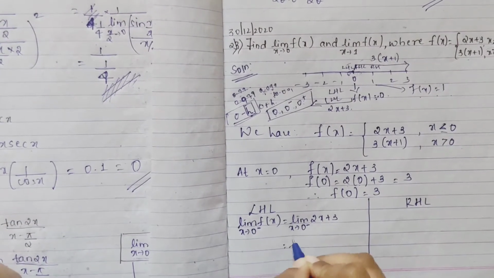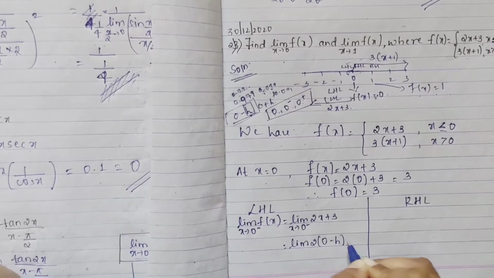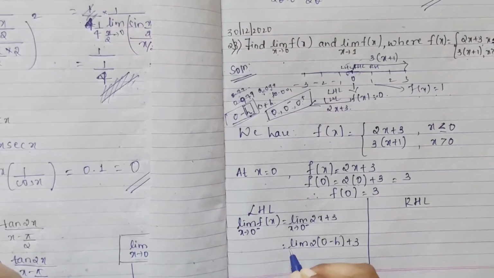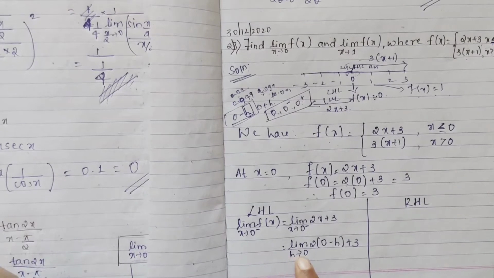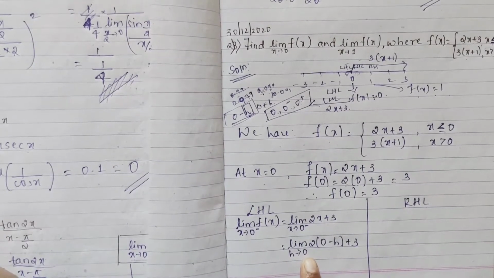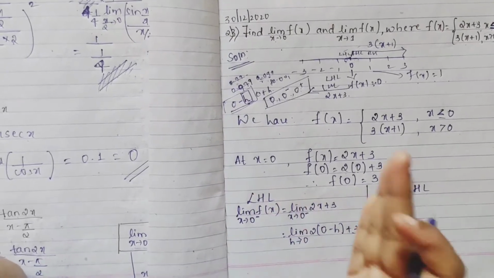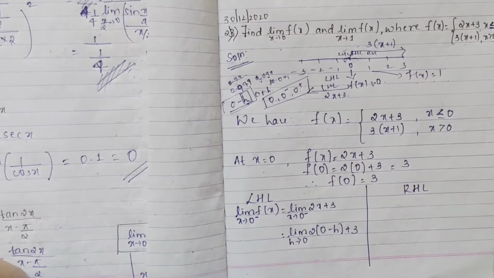Your x changes to what? 2 times (0 minus h) plus 3. When x changes to 0 minus h, the limit changes to h tends to 0. This I have already explained at the start. If you are not understanding here, please go through your starting video, where in the introduction I have explained everything.